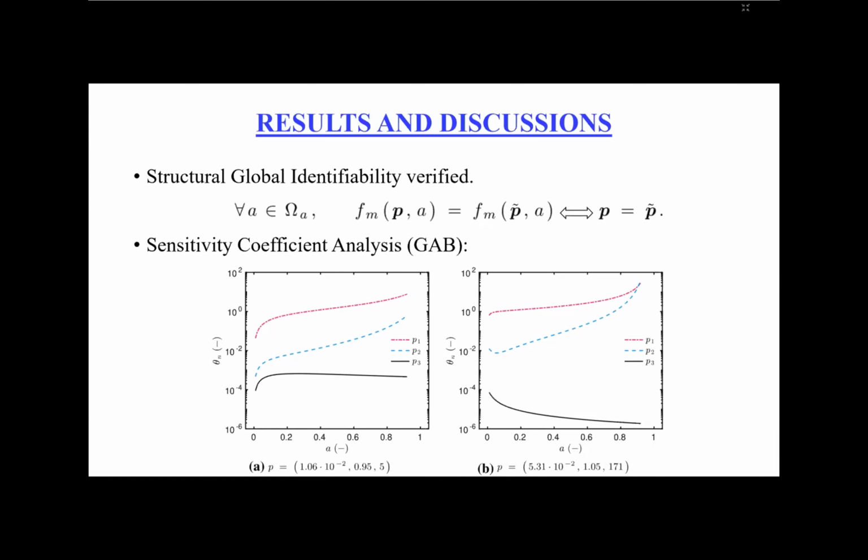Since the parameter estimation problem is nonlinear, the analysis of the sensitivity coefficient is local. These two figures show the sensitivity coefficients computed with two different sets of the model parameters. For both cases, we note that the sensitivity coefficients are not linearly dependent.